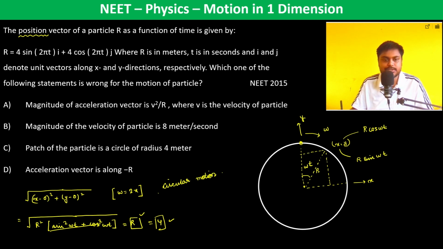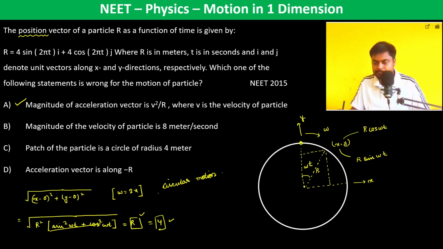Now since it is undergoing circular motion, the magnitude of acceleration vector is going to be v square by r. That's true, so option A is going to be true. The magnitude is going to be 8 meter per second. That has to be found out.